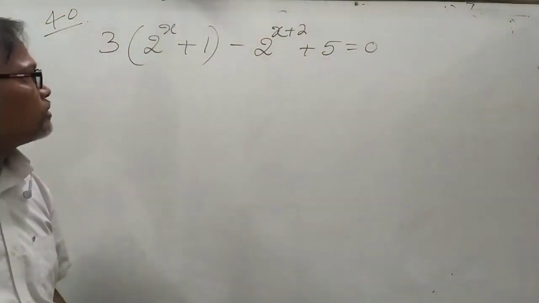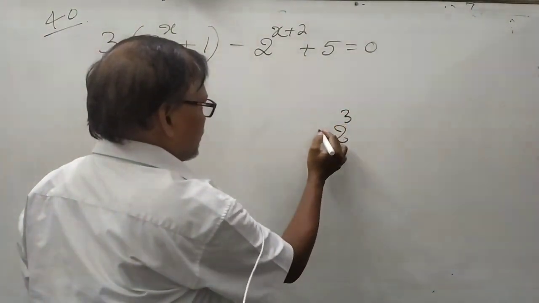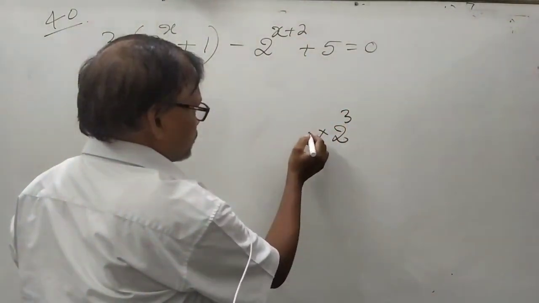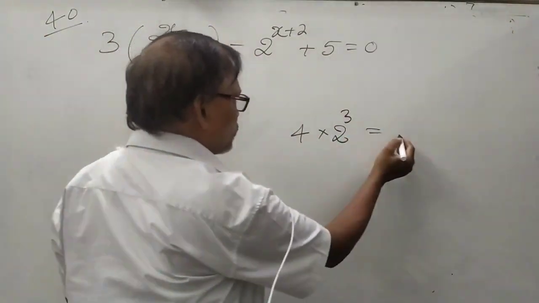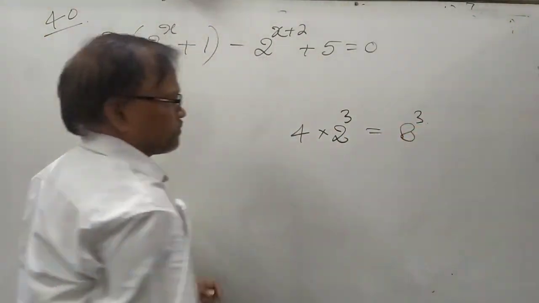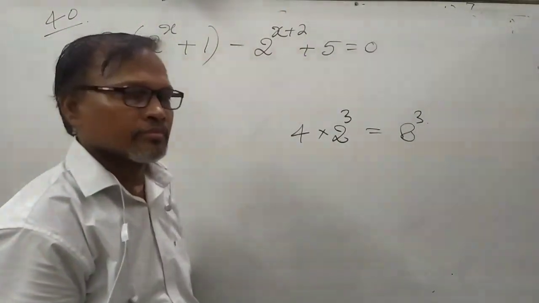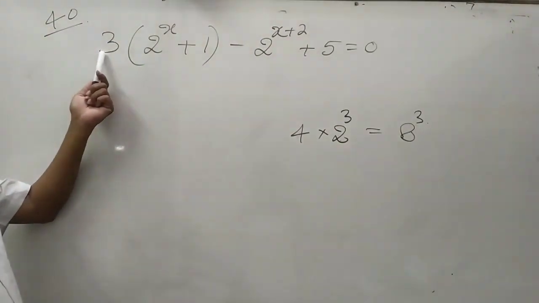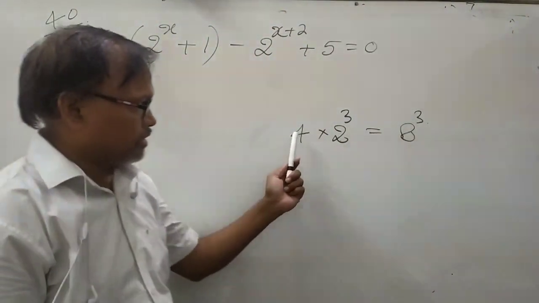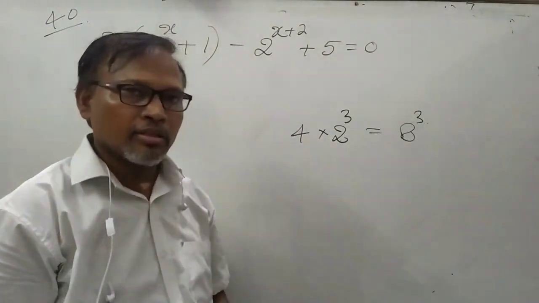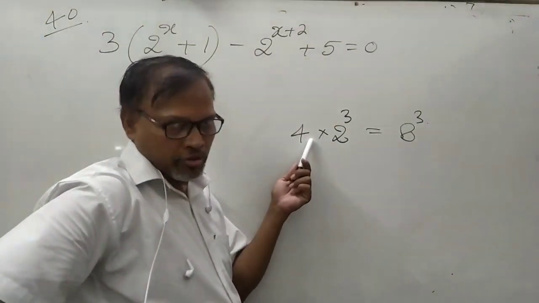Can you say that 2 the power 3 into, suppose 4 is there, can you say this is 4 into 2, 8 to the power 3? Is it possible? If we multiply this 3 into this bracket as 3 into 2, that is 6, so well, this may be correct according to you, but this is absolutely wrong.